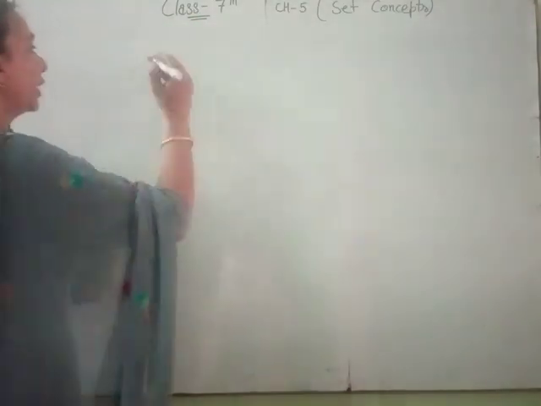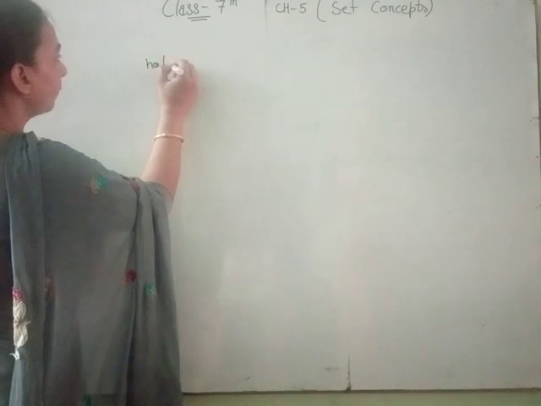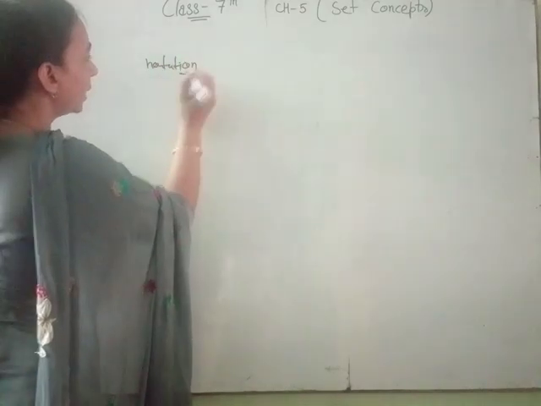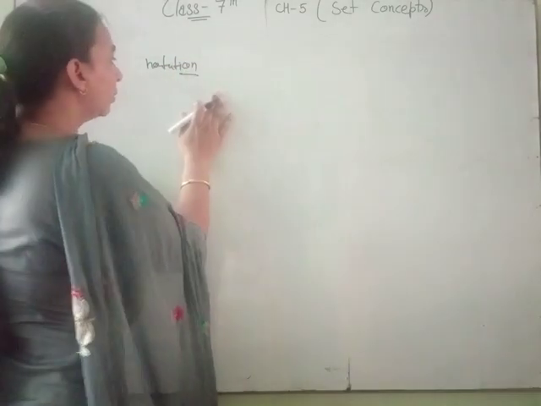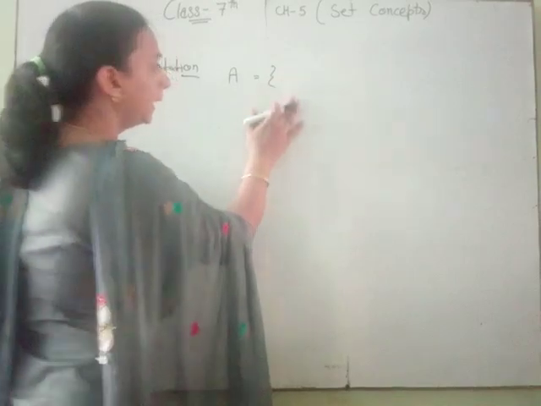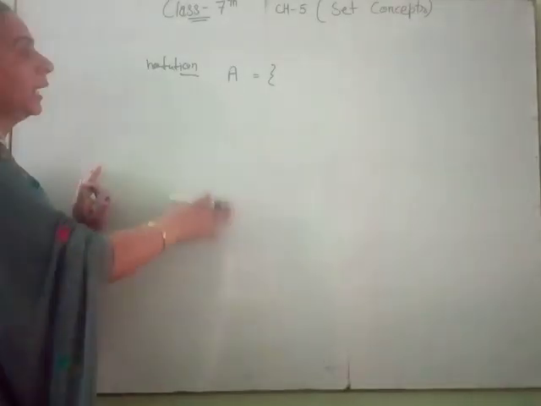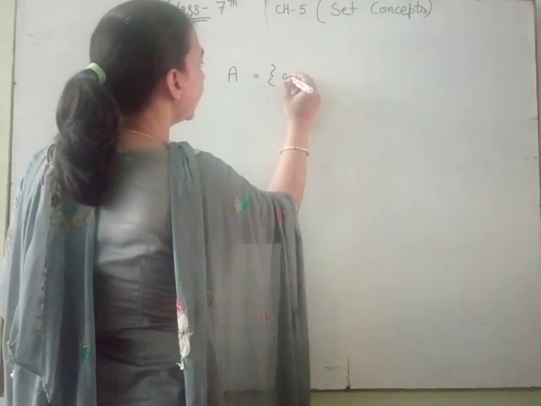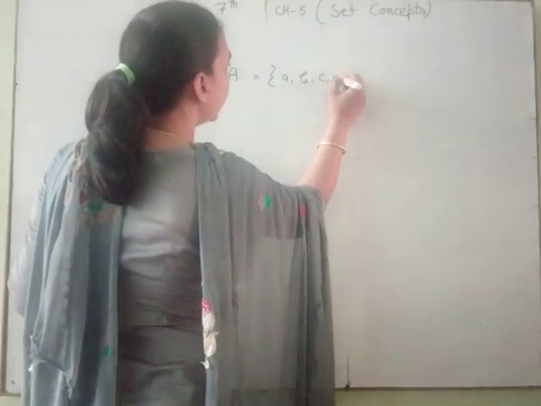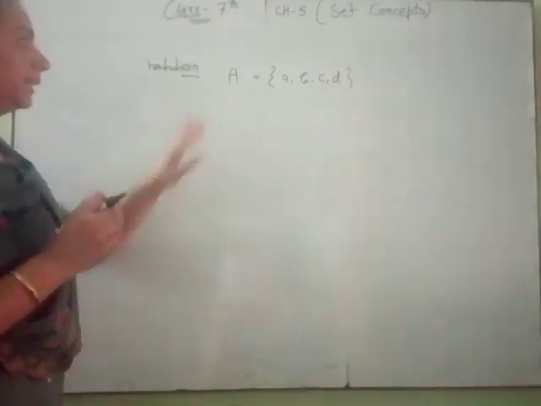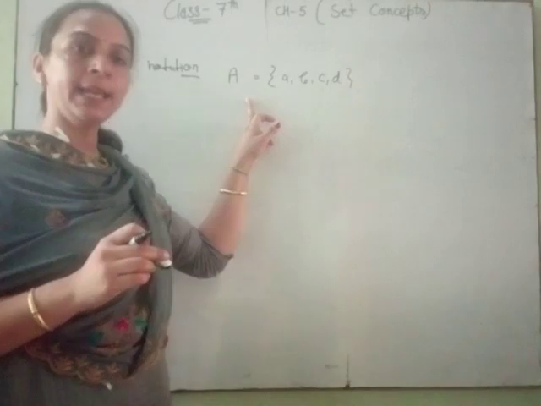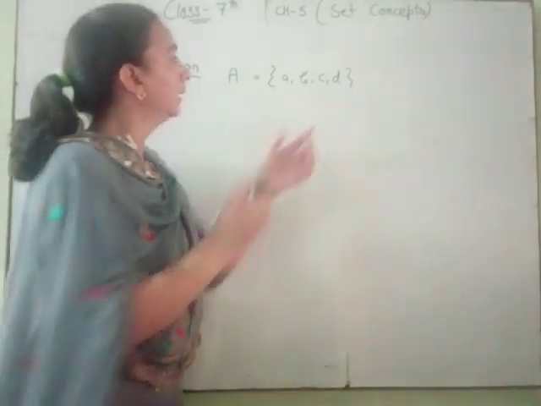And there is a notation of a set. What is the notation of a set? We denote a set by a capital letter, such as A, and we write its elements in curly brackets. Let me write A = {A, B, C, D}.